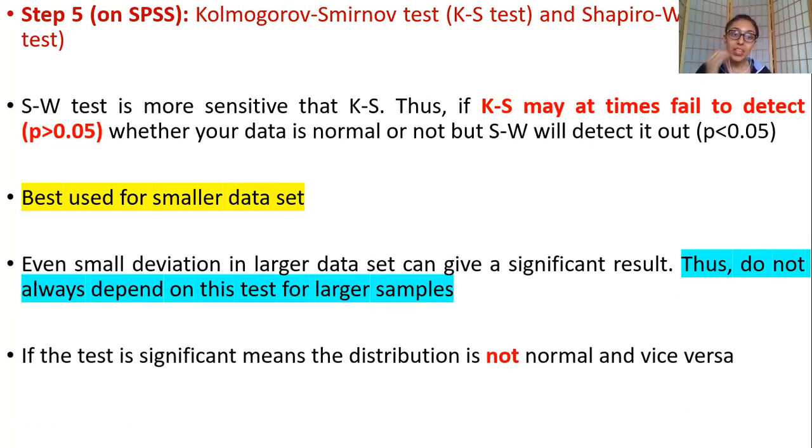Always remember the one reference thing, that SW is more sensitive than KS. Therefore, KS may at times fail to detect non-normality, and may miss out on something because SW is much more robust.